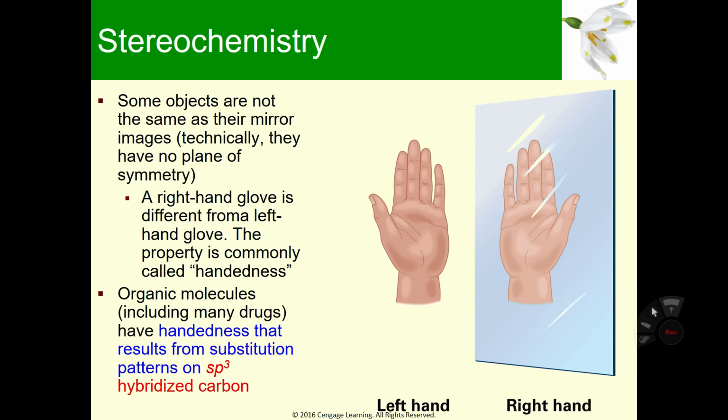If you had a plane of symmetry in your hand, it would be very easy to overlap them. But even if you look at your right or left hand, you can never find the symmetry plane. So the plane of symmetry is an important concept in deciding whether the object itself has a handedness or not.